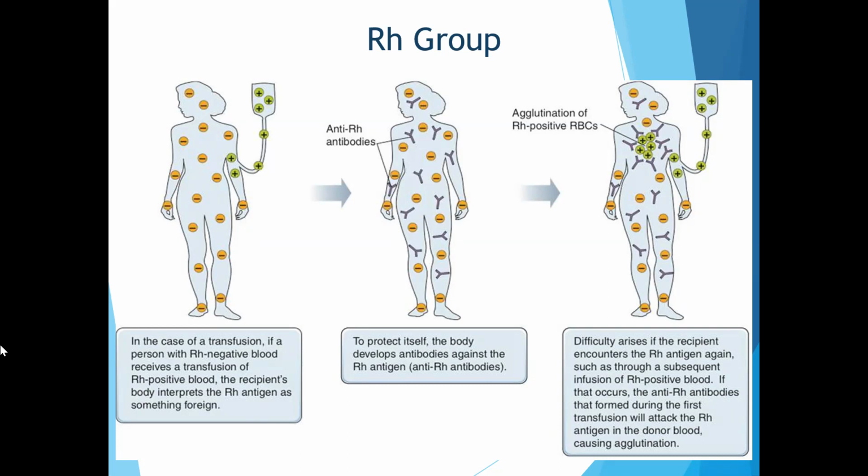It's just that first introduction of positive blood causes the body to create those antibodies. So then the next time they receive Rh positive blood, those antibodies are already going to be ready to attack that Rh group, and that's going to cause the red blood cells to agglutinate or clump.